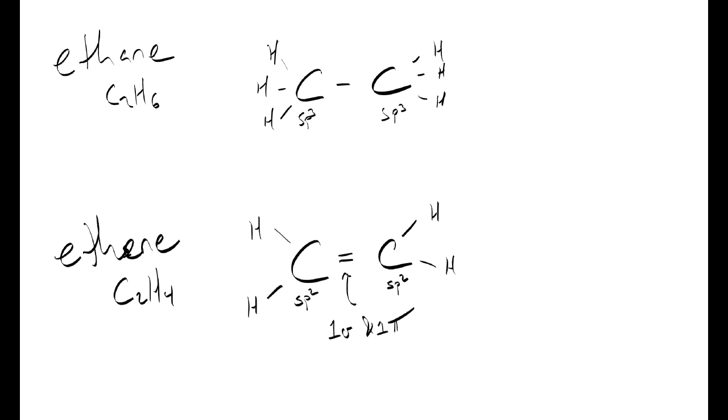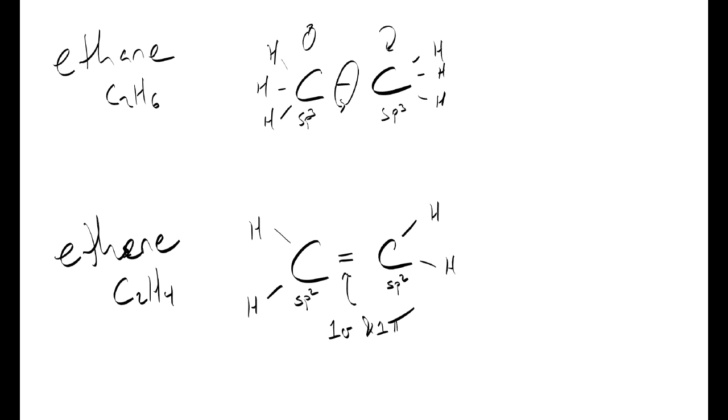Now the interesting impact that this has on them is that this is free to rotate. If you look at ethane up here on the top, each of those carbon atoms and its attendant hydrogens, they are free to spin willy-nilly any which way they want.